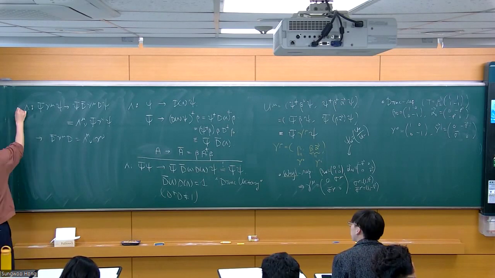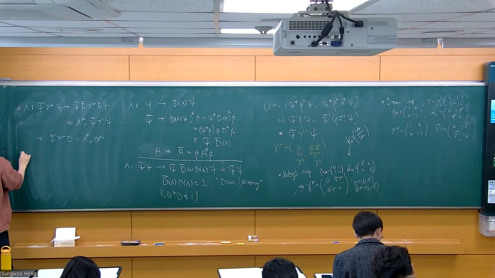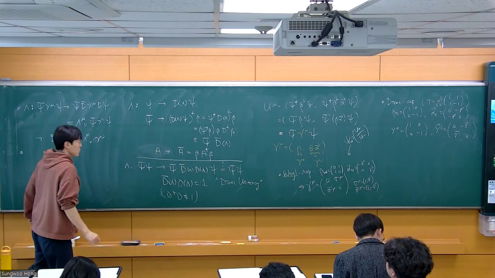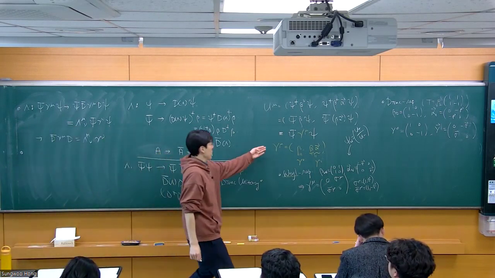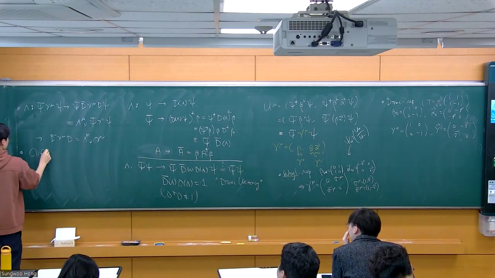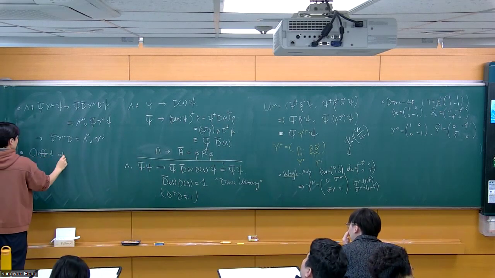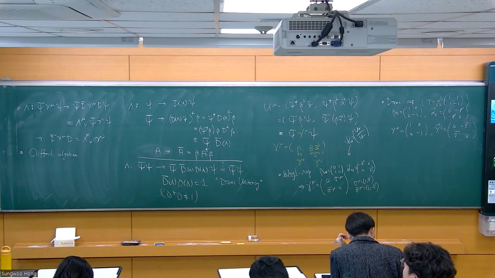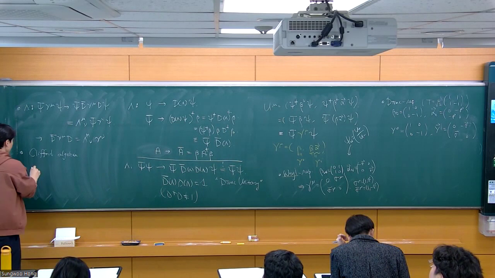Okay, next. Once you have this, we are basically rewriting a whole bunch of things in terms of alpha and beta into gamma mu through this math. Then you can check the Clifford algebra of alpha and beta.